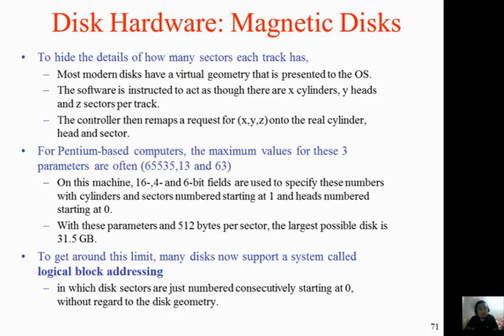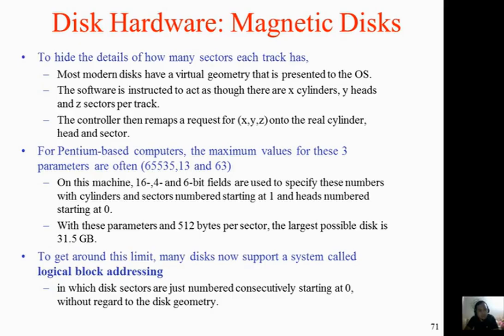For example, for Pentium-based computers, the maximum values for these 3 parameters are often given as 65,535 cylinders, 16 read/write heads per cylinder, and 63 sectors per track.